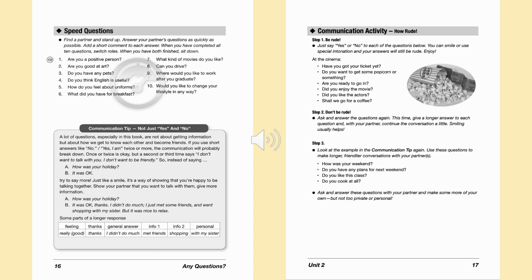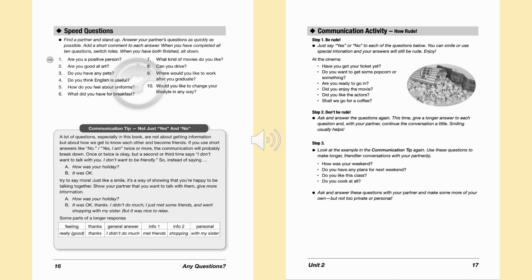They also need to develop the vital skill of adding more information, not just answering yes or no, or with very short and often abrupt answers. Developing this habit of adding an extra comment will show them to be friendly and willing to talk with their partner. Learners really enjoy the speed questions, and again, it's a chance for them to use English to learn more about their partners and classmates.